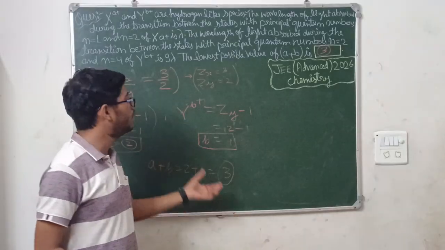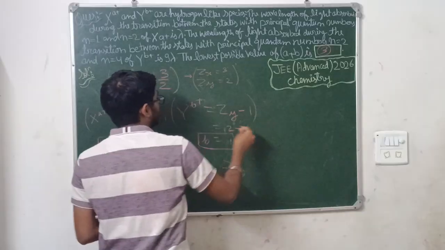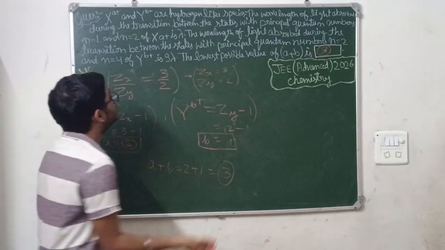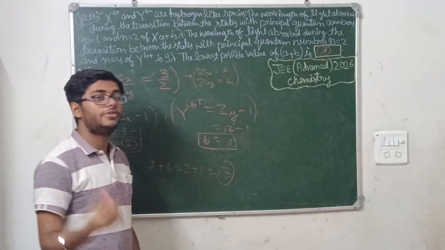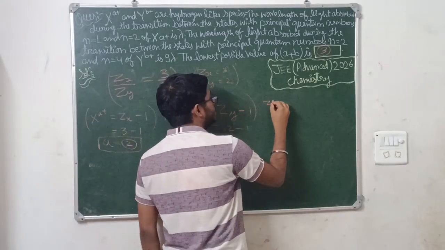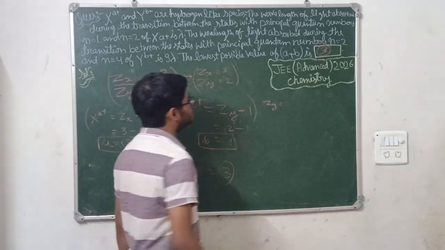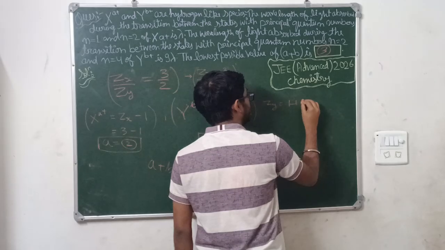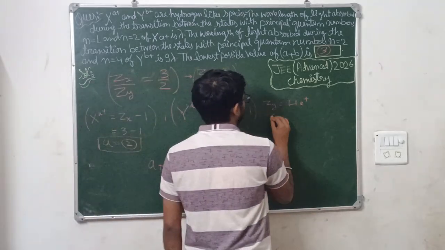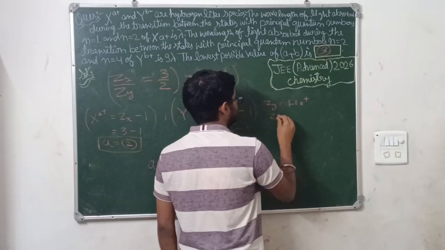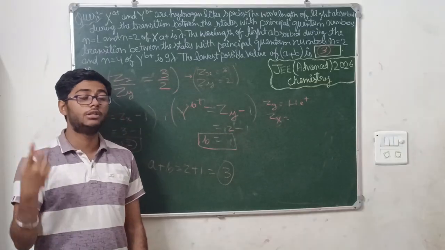This was one of the easiest questions, and I don't think any confusion would be there, because it is simply based on the formula. Or you can do it like this also, with Zx and Zy. What would be the element for Zy? Zy atomic number is 2, so it would be helium plus only. And Zx atomic number is 3. What is the third element in the periodic table?